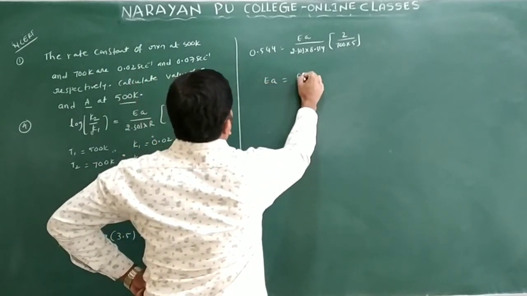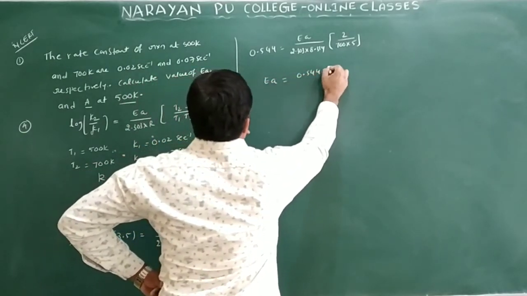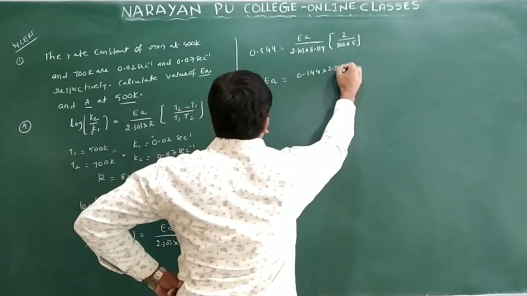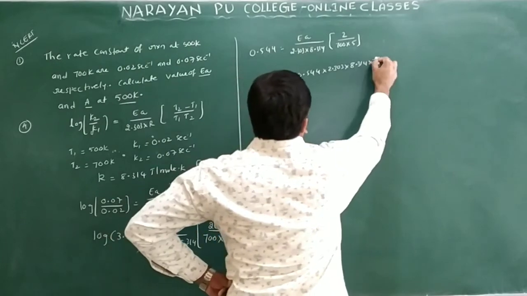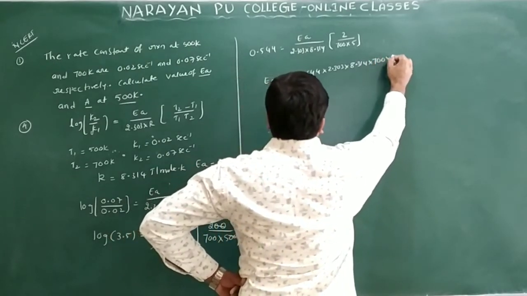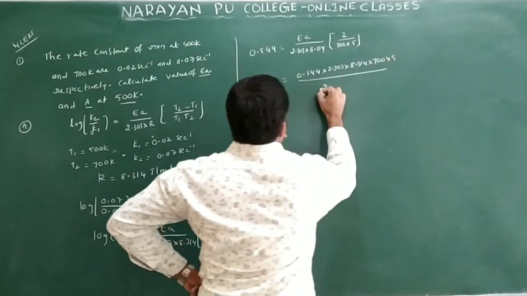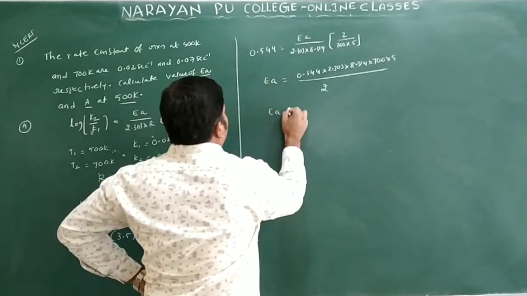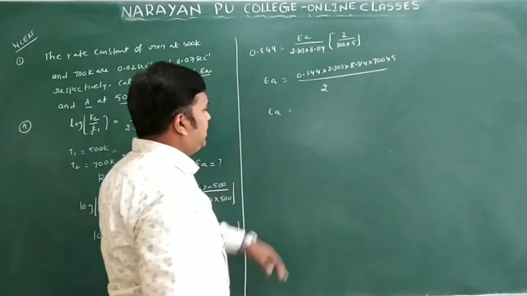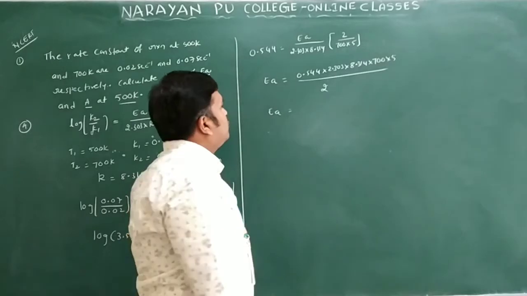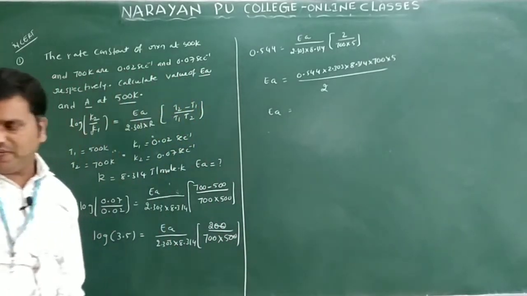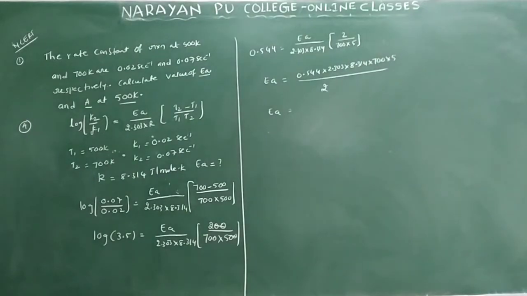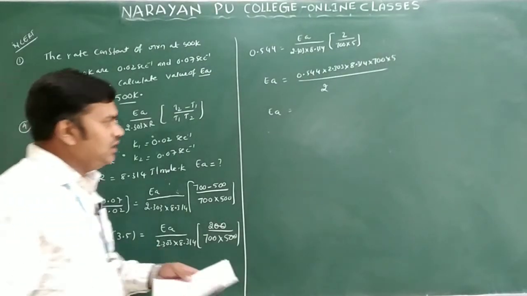EA is equal to 0.544 into 2.303 into 8.314 into 700 into 5 by 2. So you multiply 0.544, 2.303, 8.314, and 700 into 5 by 2. Finally you will get the answer. How much is it here?